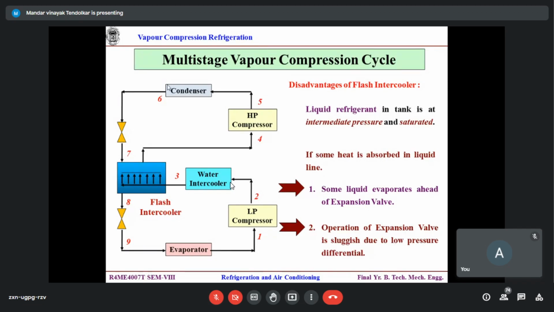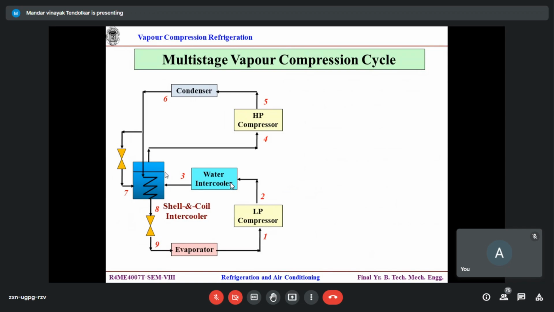Correct? It will be something like state 7 only. Liquid plus vapor. Then your differential is reduced and the operation becomes sluggish. So that is the main problem. So what do we do?